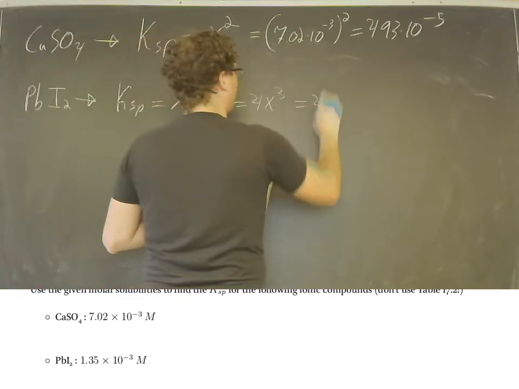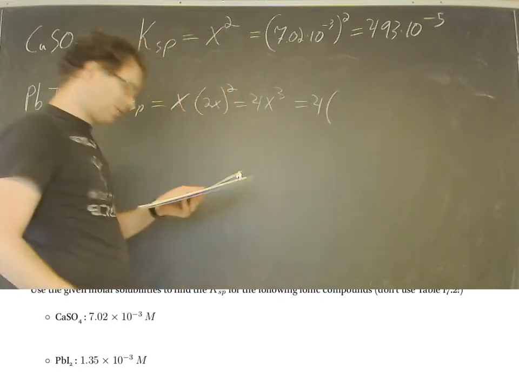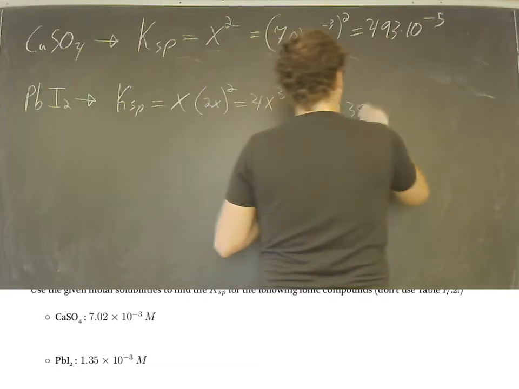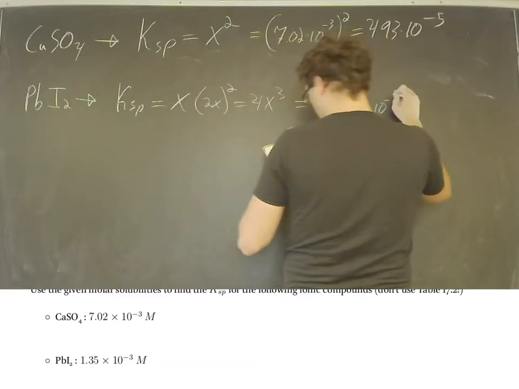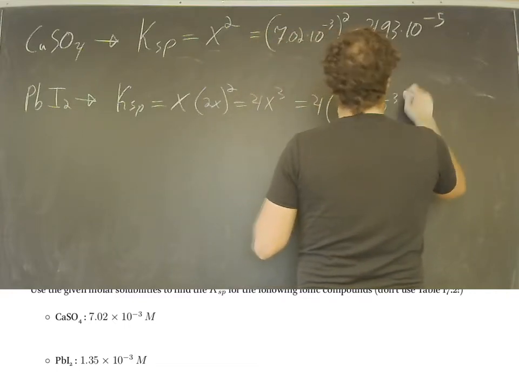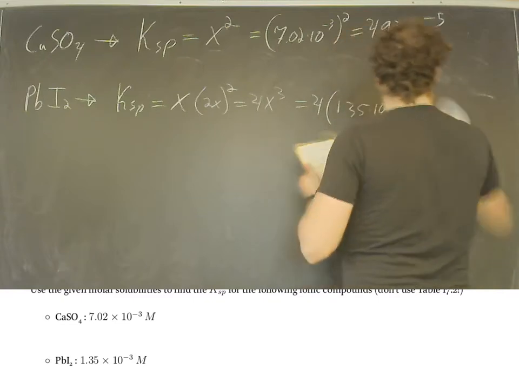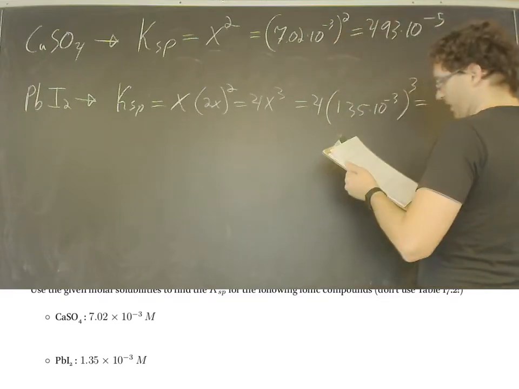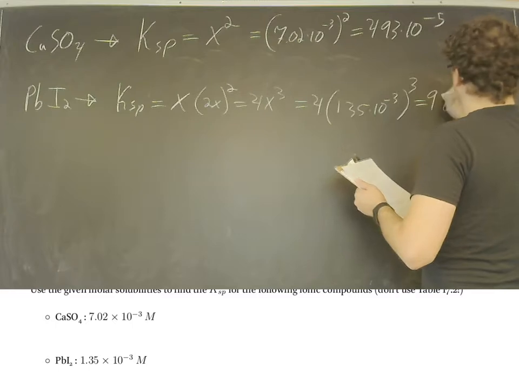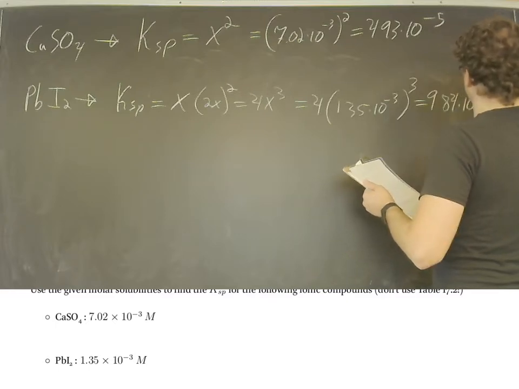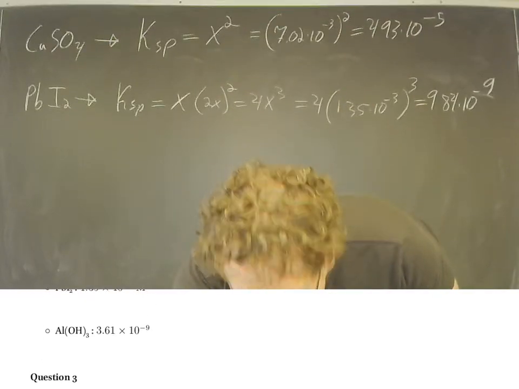And so we'll take 4 and cube that molar solubility, 1.35 times 10 to the negative third, and we'll cube it. And this is going to give us 9.84 times 10 to the negative ninth. And then our last one is the aluminum hydroxide.